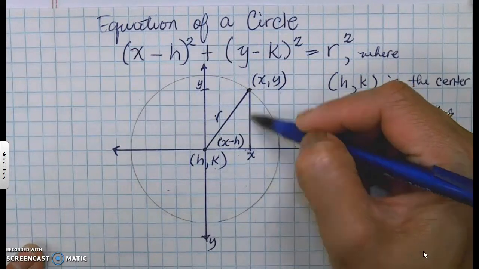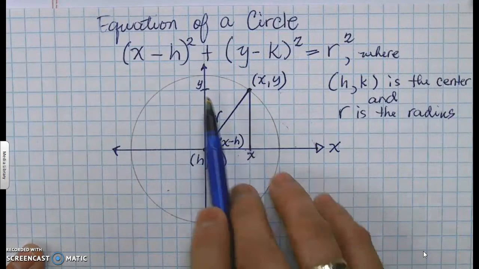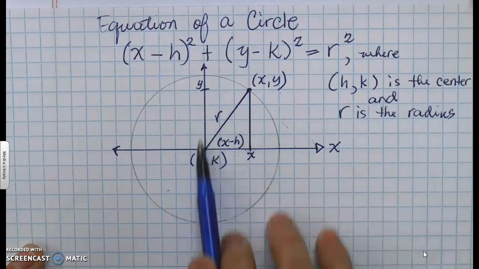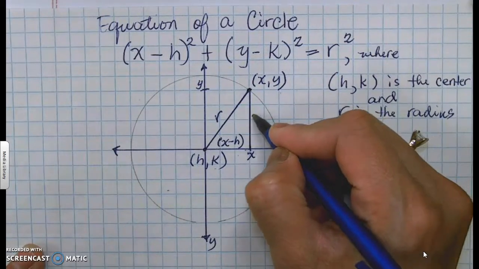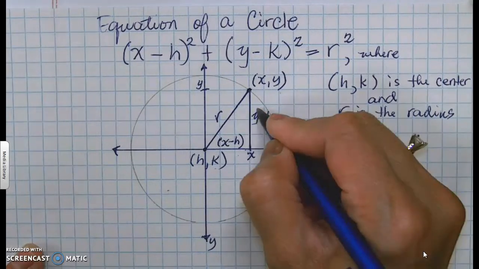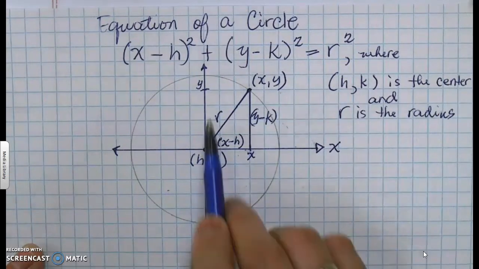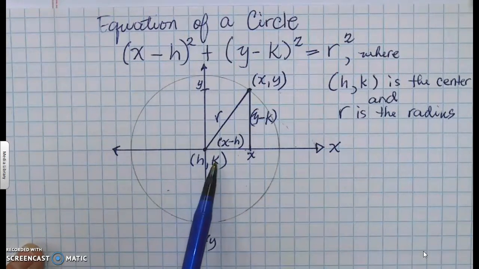This one right here is your y. From here to here, the distance is y minus k. It's the difference between your 2 points, k and y, so it's y minus k.